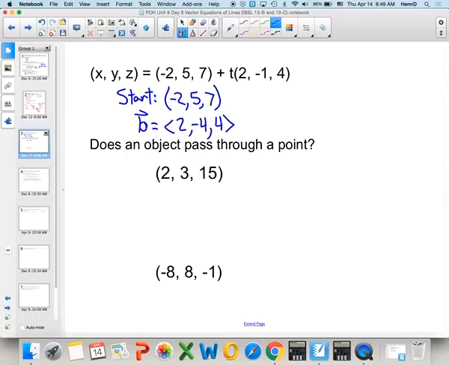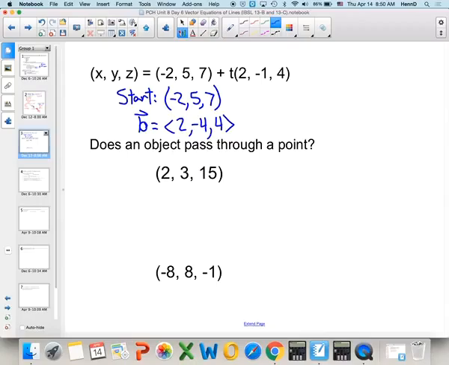Is y going to equal 3 somewhere? Will z equal 15 somewhere? So, how would we be able to tell if this line actually passes through that point? If they all happen at the same time. That's the key. They have to happen at the same time.